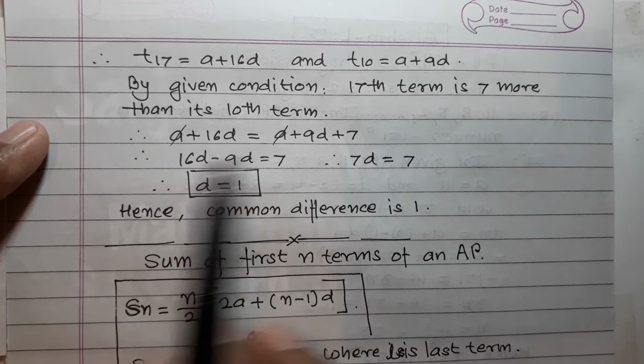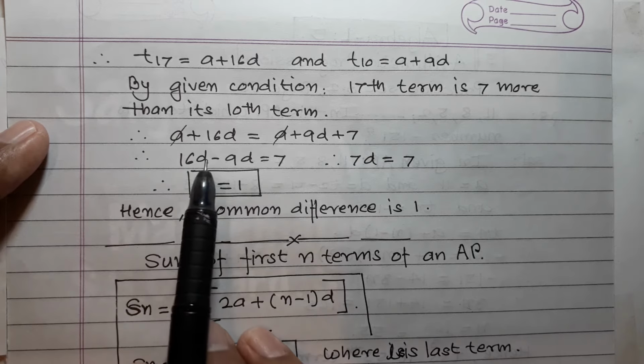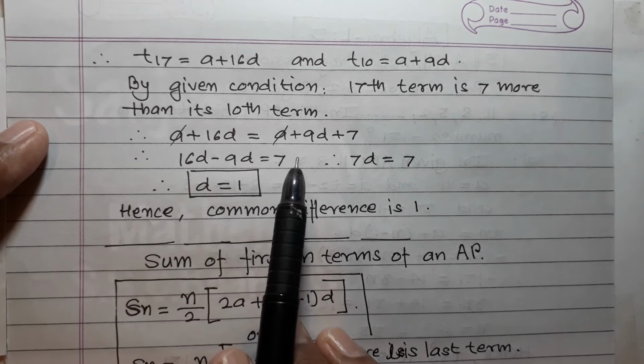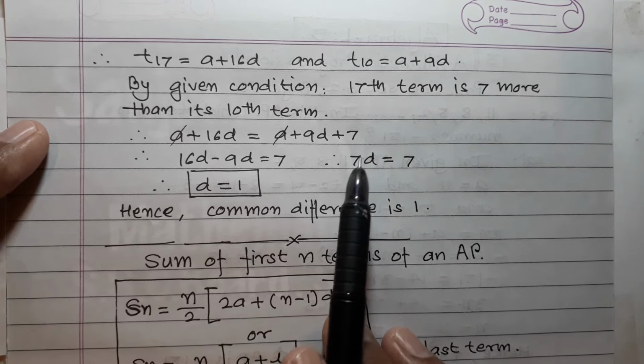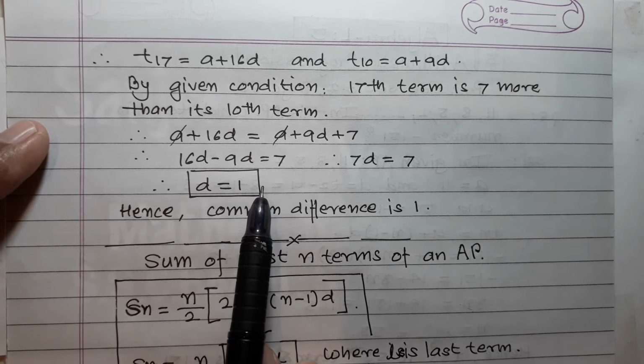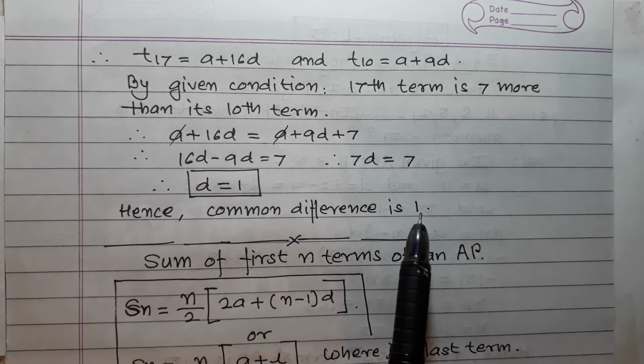Then you simplify: A gets cancelled, 9D you transfer to this side, 16D minus 9D is equal to 7, and therefore 7D is equal to 7, and therefore D is equal to 1. Hence the common difference is 1. Okay.